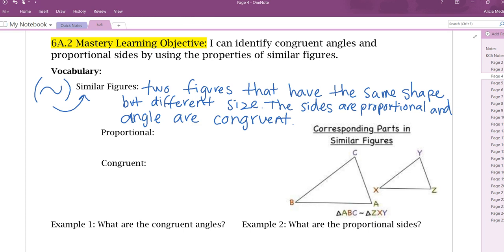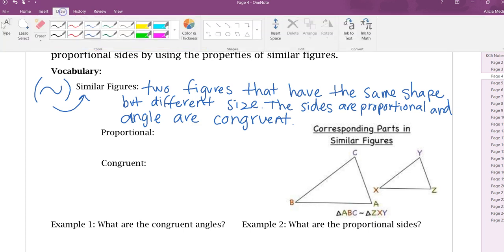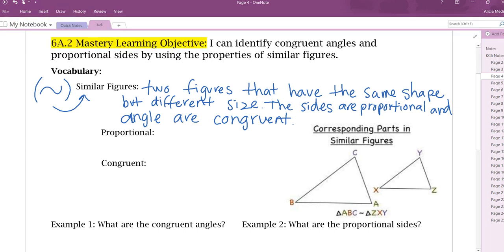So what does it mean to be proportional? Proportional here is that when two or more ratios are equal. Two or more, right, because it could be a three-sided figure.